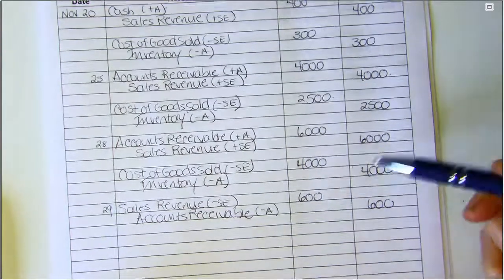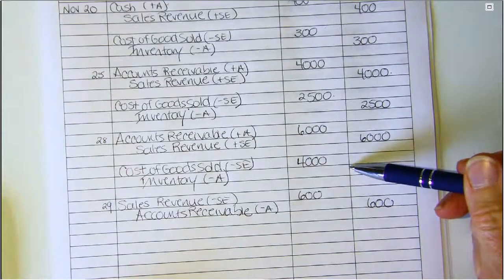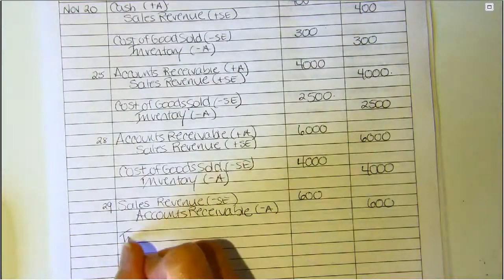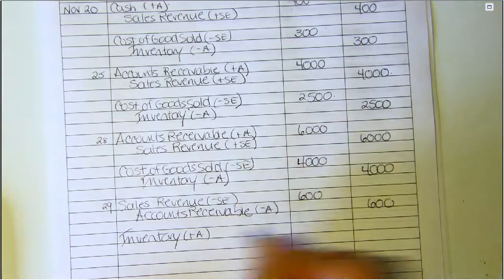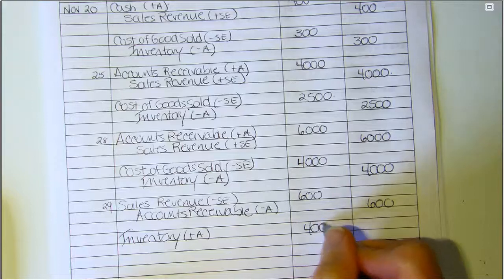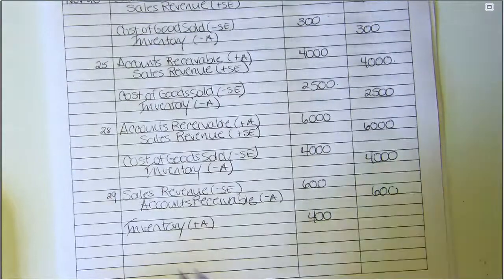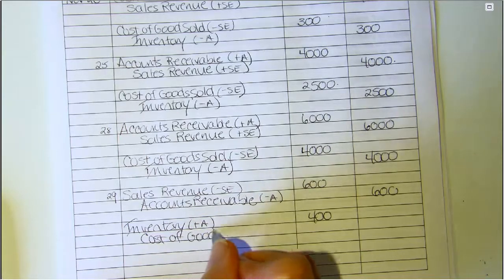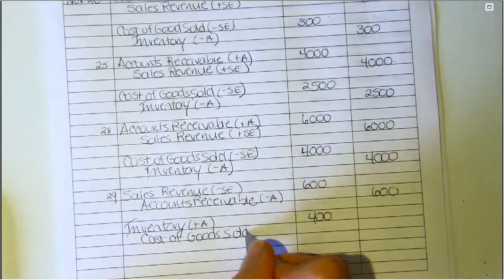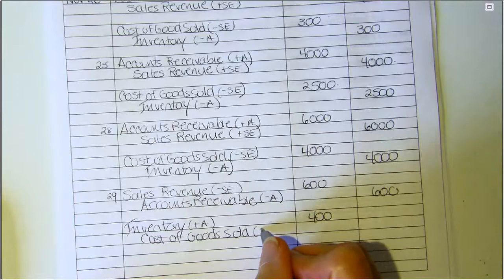And then we will have to reverse the second entry, putting that item back into inventory because our customer returned it. That would be for the cost of one item, $400, and we'll credit to reduce the cost of goods sold because the item is no longer sold. It's been returned.